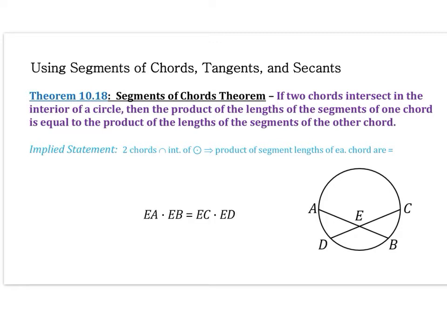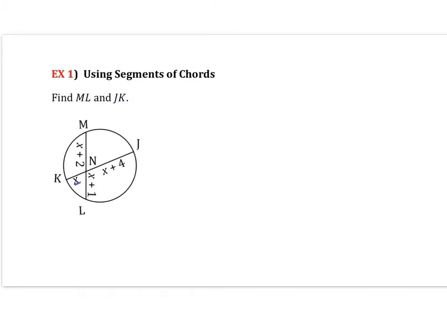So what this theorem is saying is AE times EB will equal DE times EC. You take each of the two parts, multiply them together from the chords, and set those products equal to each other. All right, let's see this theorem in action.